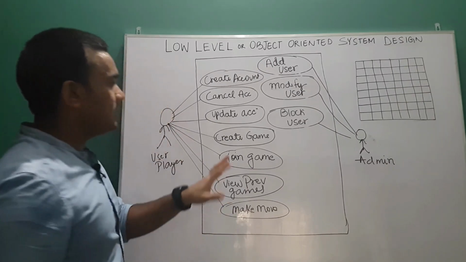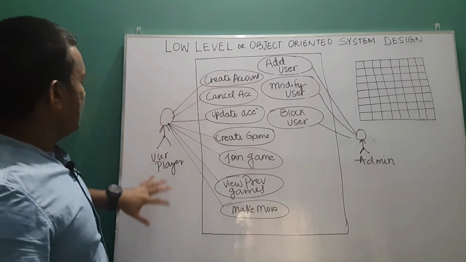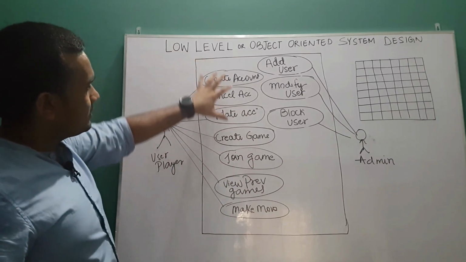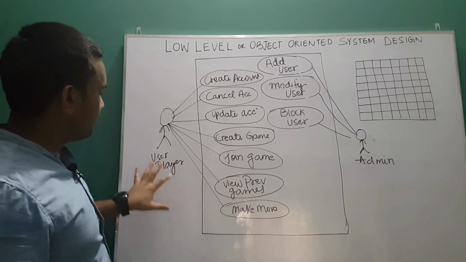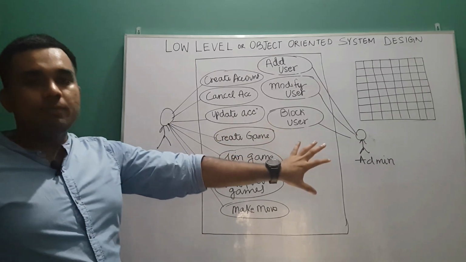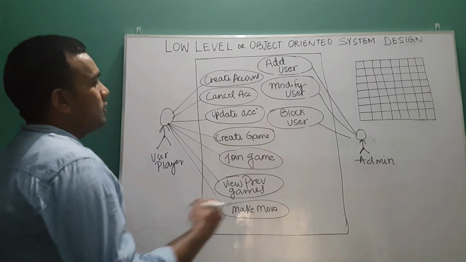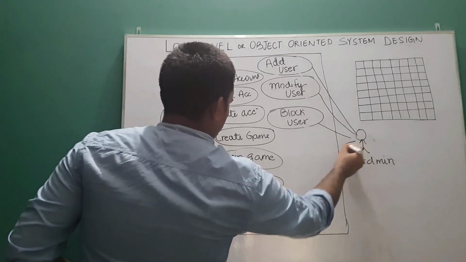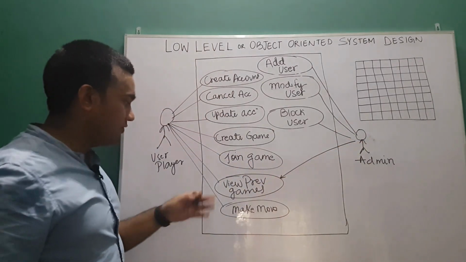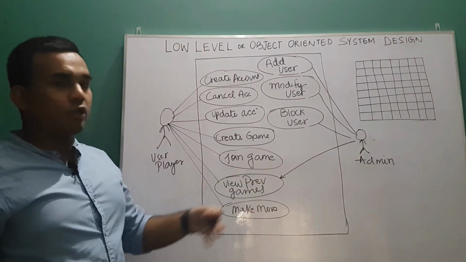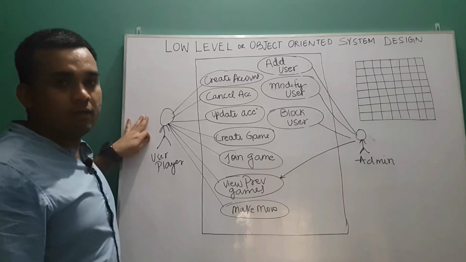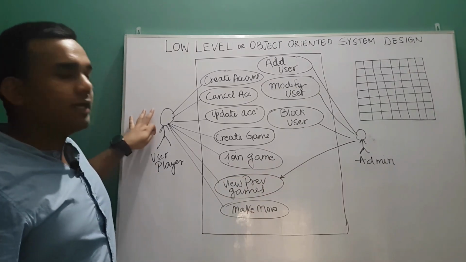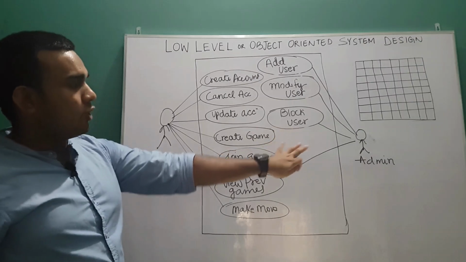But if we look at it, whatever use cases the player performs can basically be performed by the admin also. Even the admin can see the previous games history, and he can see it for all the players. Maybe a player can only see whatever games he has played, but the admin has all the rights to see all the games history.